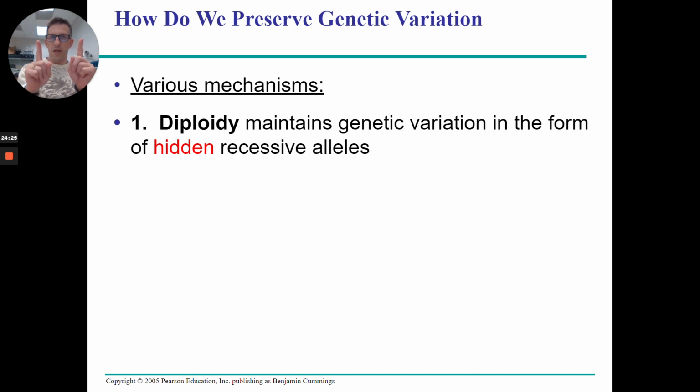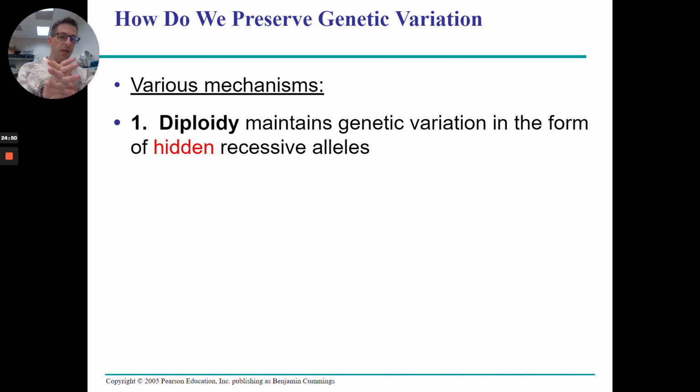Okay? And just because it's hidden doesn't mean it can't come back out. And we know that for a fact, that it comes back out when you get two copies of it. So if we have a decline in this dominant one, it allows the recessive one to pop its head out again and say, look, I've been a trait that's been here all along. Not many people had me, but I'm here to save the day in these ever-changing environments.